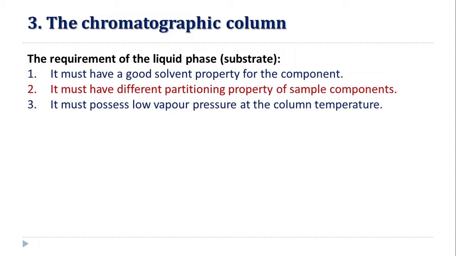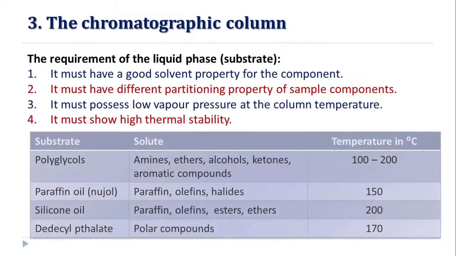It must possess a low vapor pressure at the column temperature. It must show high thermal stability. So whatever the liquid stationary phase, it should have high thermal stability, so that at the temperature of the column, it should be stable and intact. Now we'll see some substrate and solid pairs along with the operating temperature.